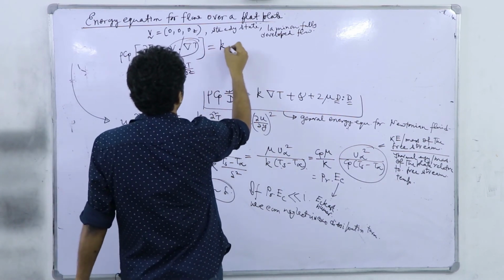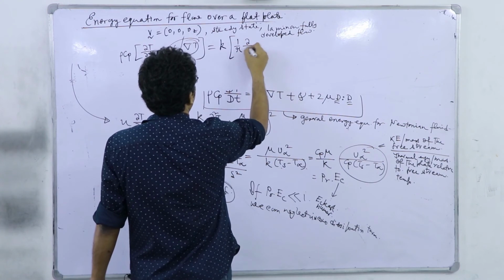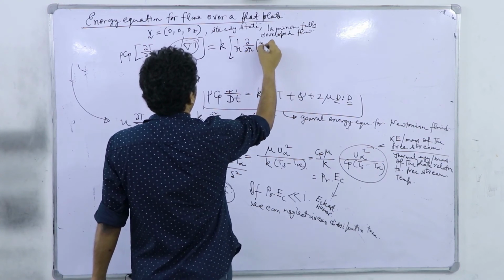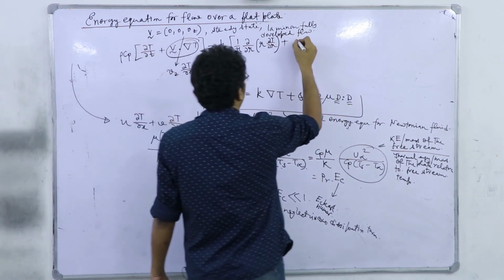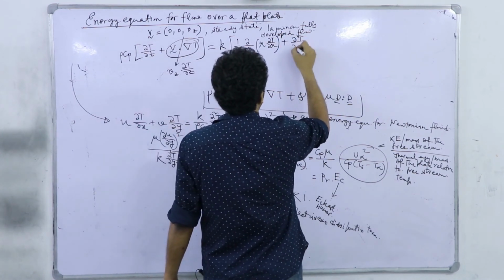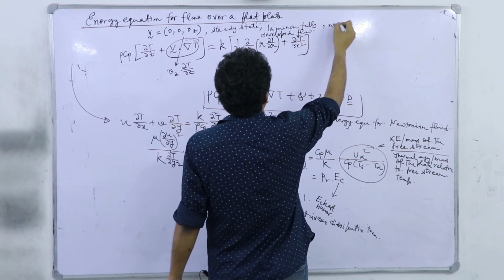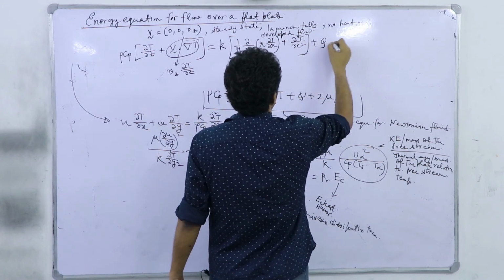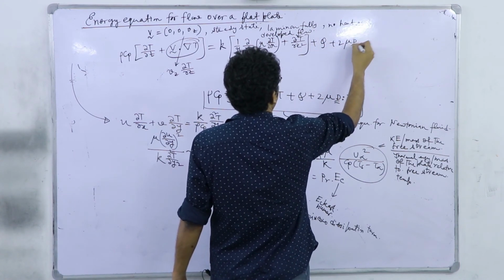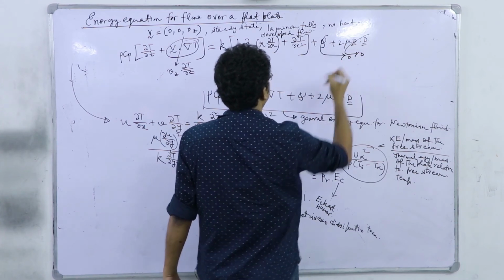Here the conduction term we can have in the r direction, so 1 by r del r of r del T del r. In theta there will be no variation, so we write directly del square T del z square. No heat generation as well. Q is 0, plus 2 mu d double dot d is also 0 because there is no viscous dissipation.